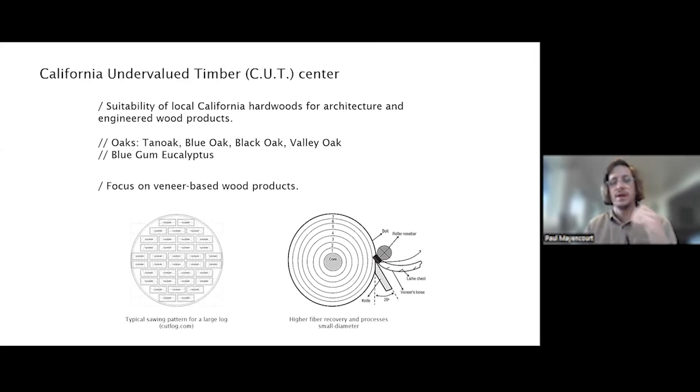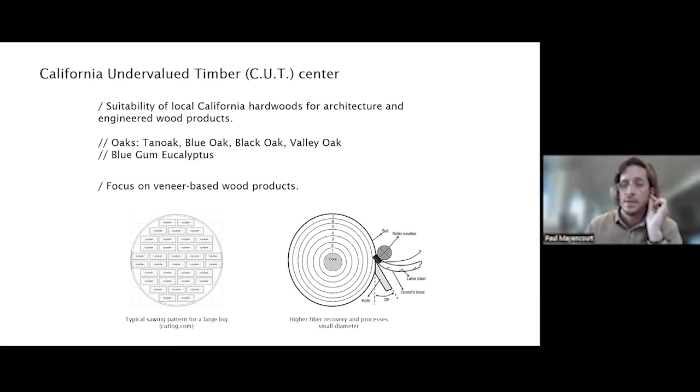So instead of having to mill the log into dimensional lumber, we're looking at newer technology that can peel the tree into thin veneer, which has advantages in terms of how much energy is needed to dry the wood, because it's much thinner. So you can dry it much more quickly, but also you don't have as much waste in terms of production. You can see here on the pattern on the left, sawing a log will result in a lot of sawdust, which is not the case for veneer production.